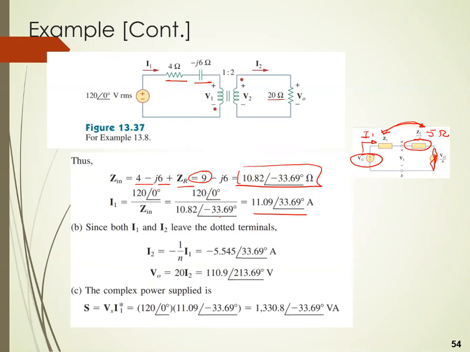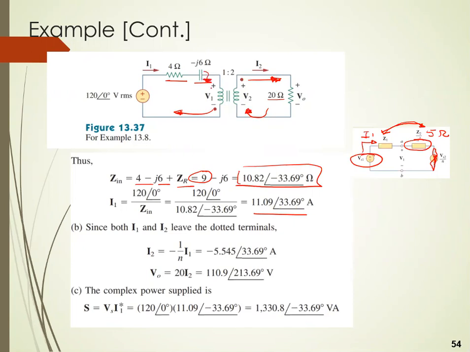So in this example, I1 and I2 are leaving the dotted terminals. If you look at this example here, I1 is leaving the dotted terminal, I2 is leaving the dotted terminal. Or you can also say I2 is entering the undotted terminal, and I1 is entering the undotted terminal.